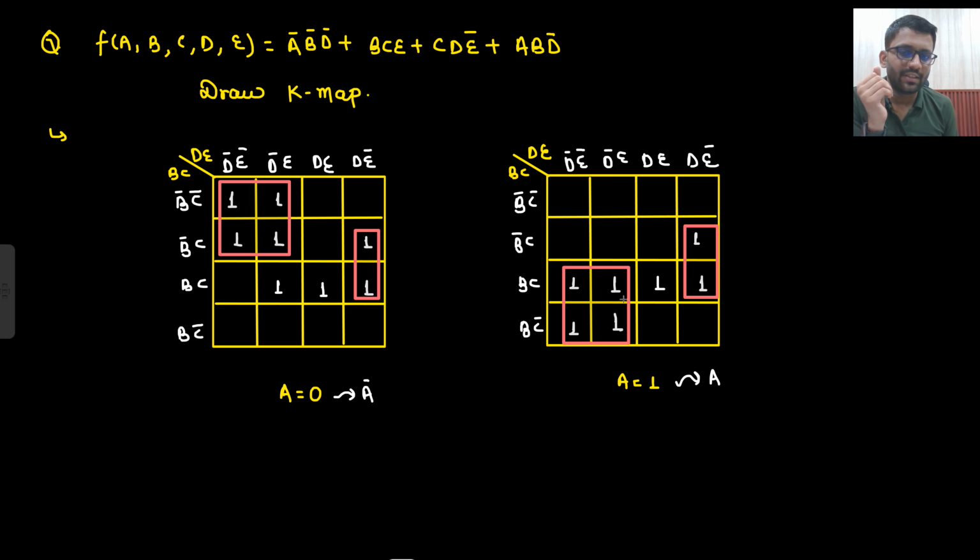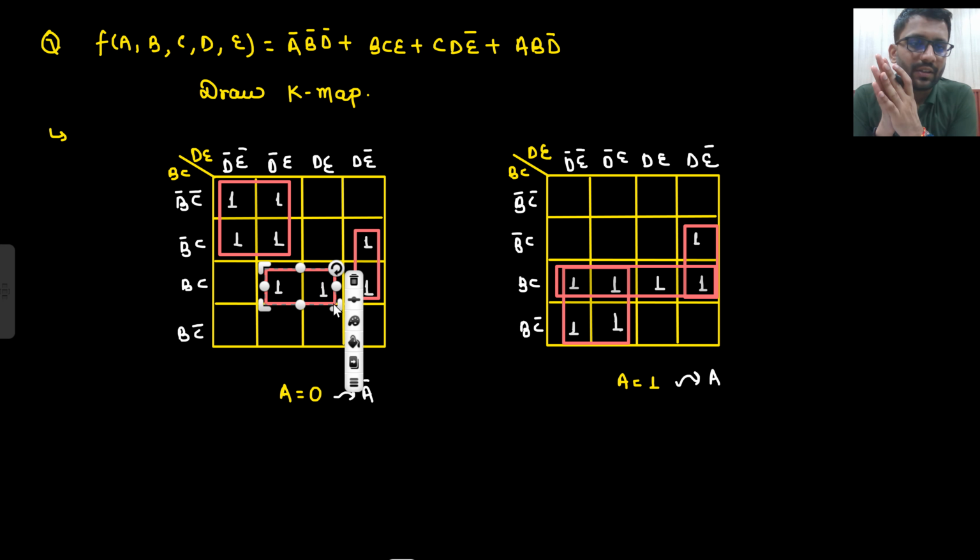Now I need to pair these two and I need to pair this one. Because here I can see 4 elements. So if I make this one, then I am getting a pair of 4. Then another pair of 2 I have to make.